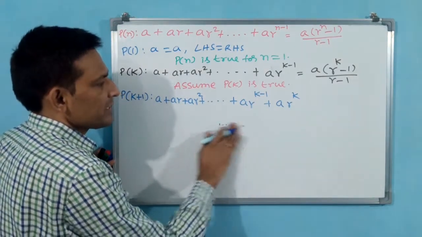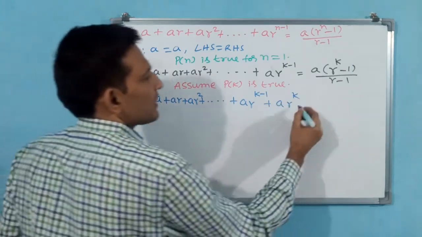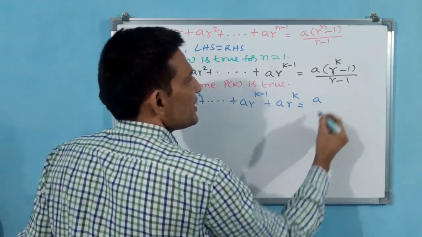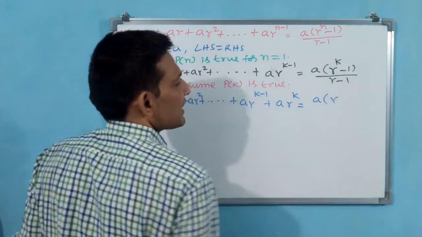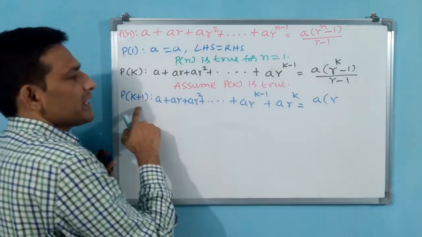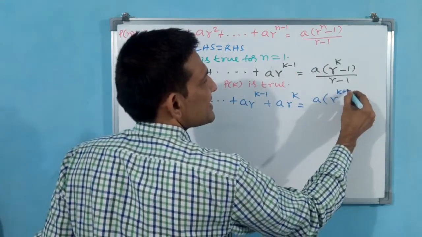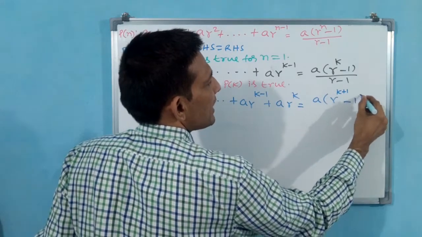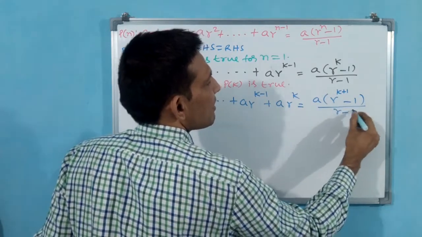Minus 1 plus 1 is going to get cancelled, k will come. That is equal to A into R power, here k in place of k plus 1 will come, minus 1 divided by R minus 1.